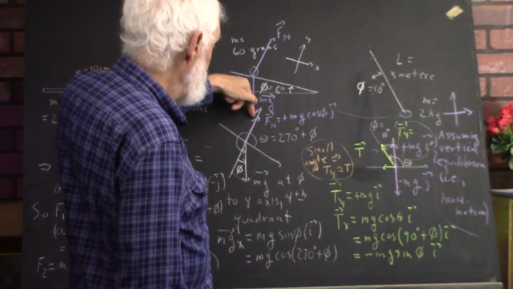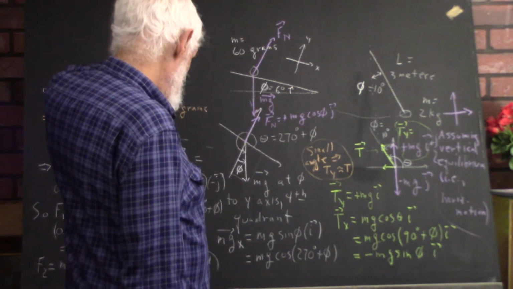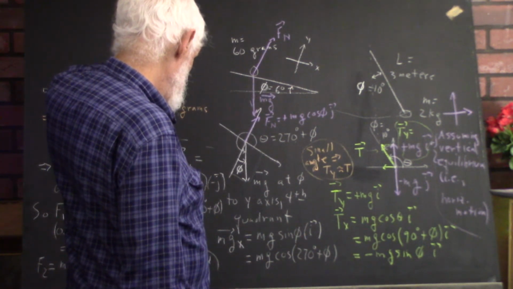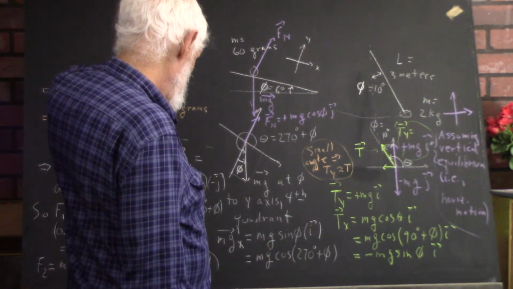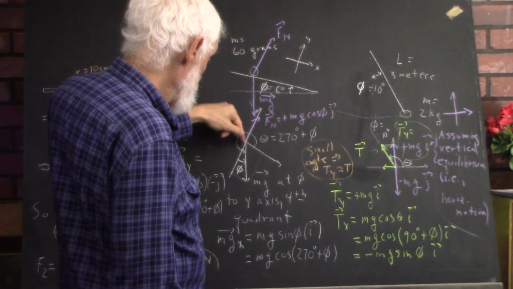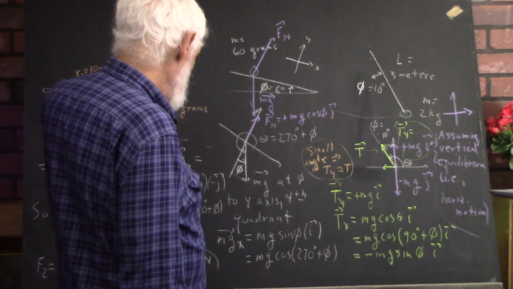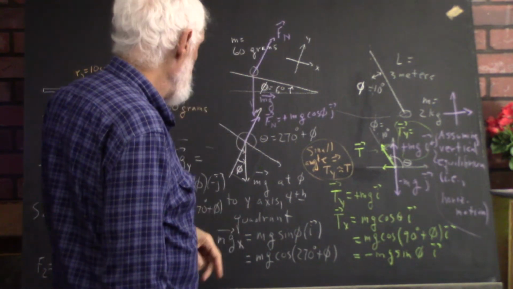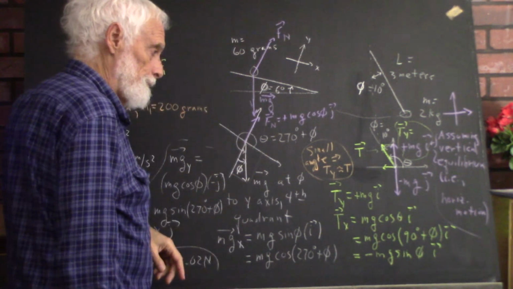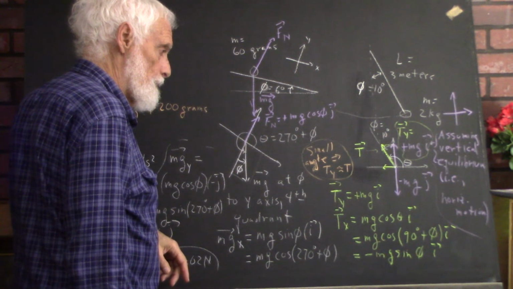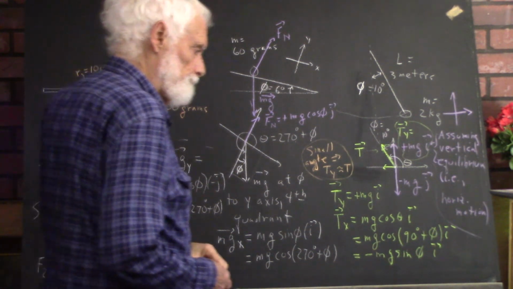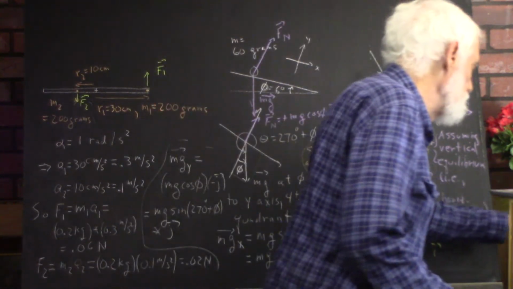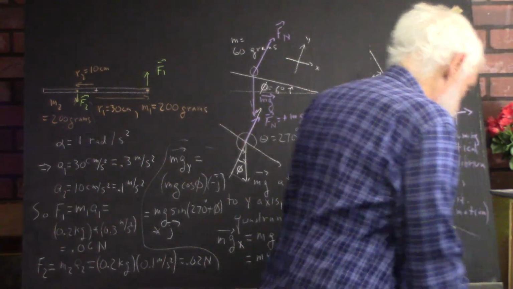We have mg down here, and free body diagram here. mg down, there's going to be a normal force here. We demonstrated that by, I guess it's worth taking a second to demonstrate it.